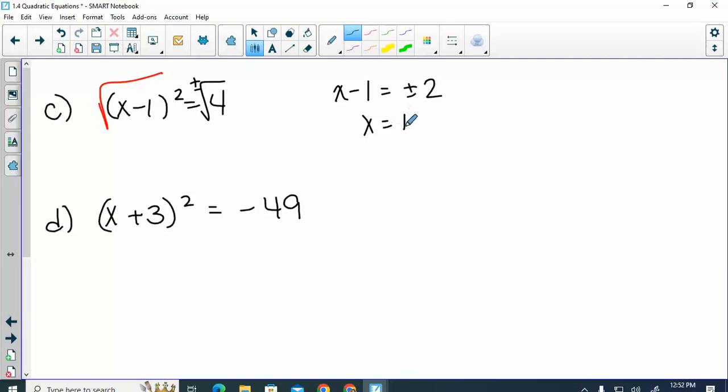You add over 1, you get 1 plus or minus 2. So 1 plus 2 is 3, 1 minus 2 is negative 1. Here's the next one.